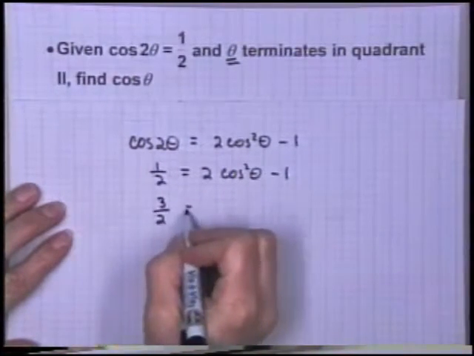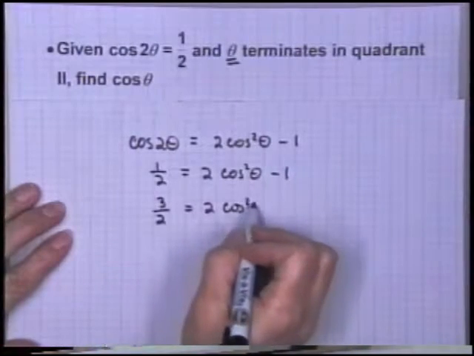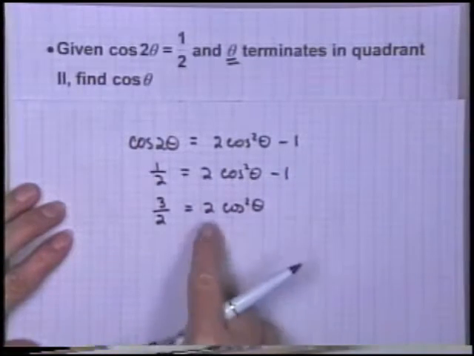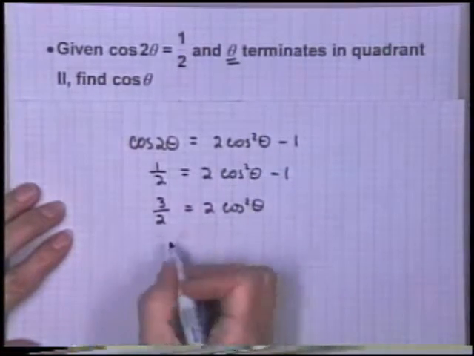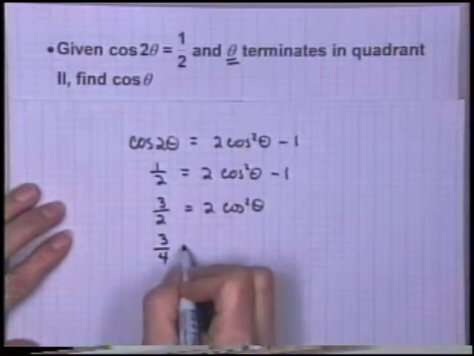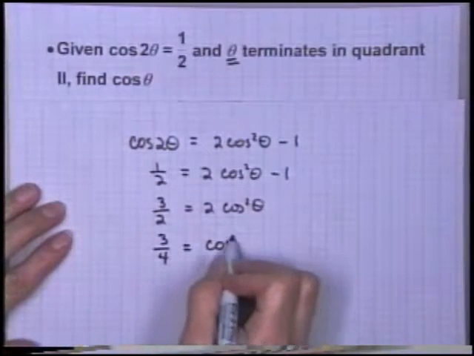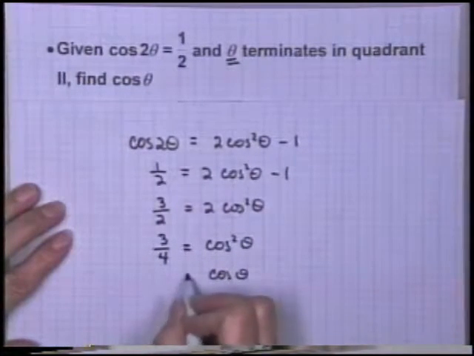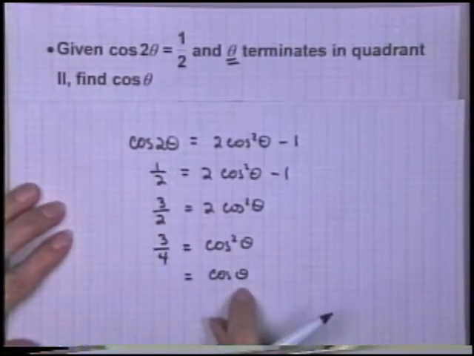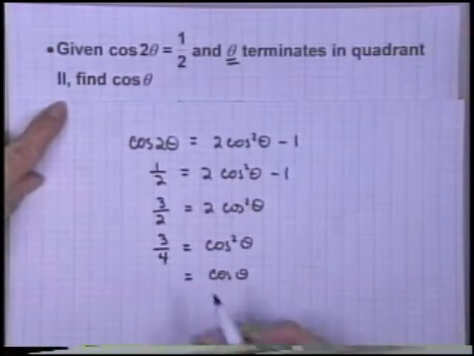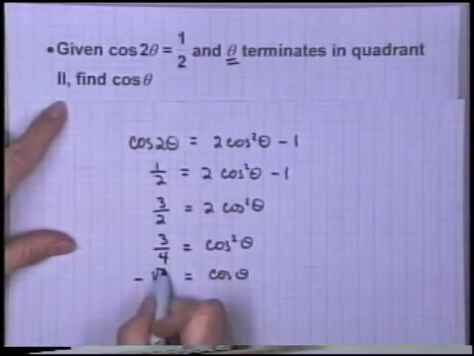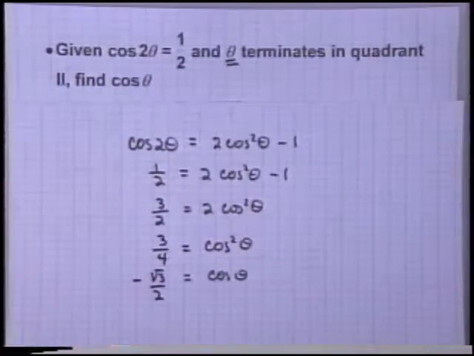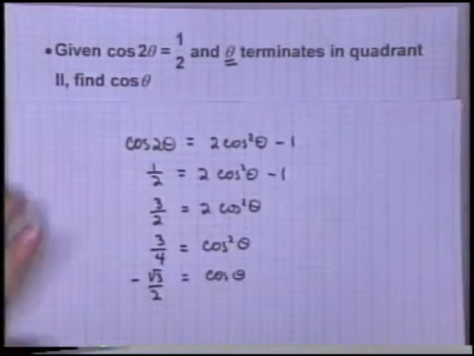If we add 1 to 1/2, we get 3/2 is 2 cosine squared theta. If we divide by 2 or multiply by 1/2, whichever way you want to think about that, 3/4 is cosine squared theta. And then to solve, we'll need to take the square root, right? Well, which one? Theta terminates in quadrant 2, so we want the negative square root. And when we do that negative square root, notice we get negative square root 3 over 2.